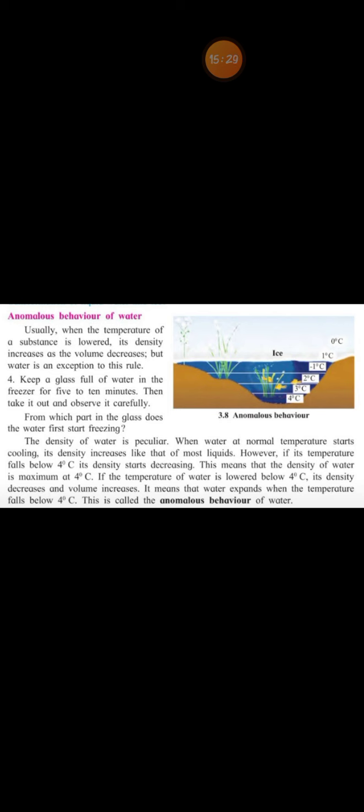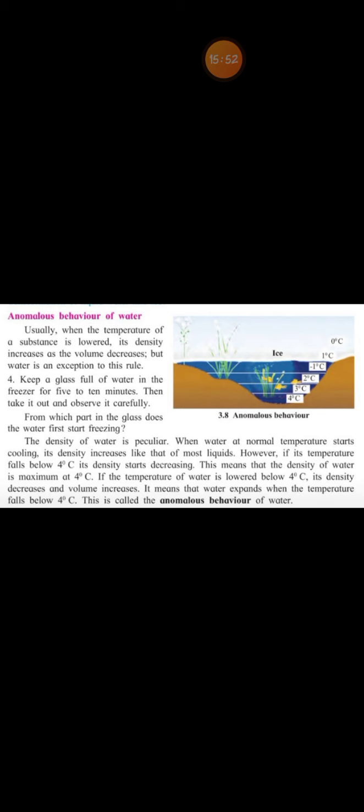When water at normal temperature starts cooling, its density increases like that of most liquids. However, this changes as its temperature falls toward 0 degrees Celsius. This means that the density of the water is maximum at 4 degrees Celsius. Fine.